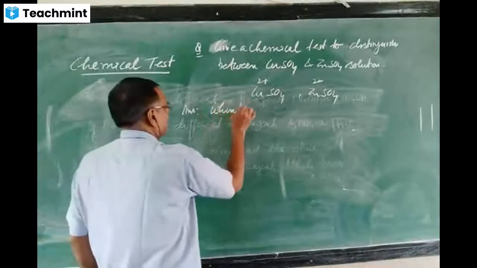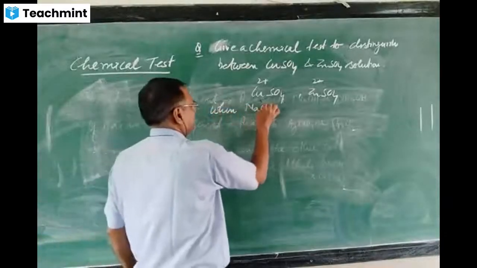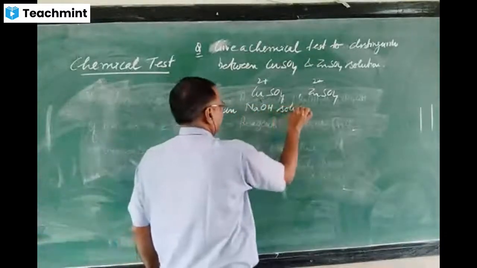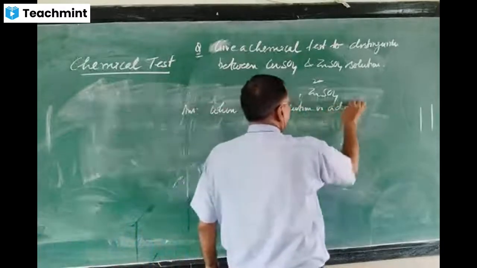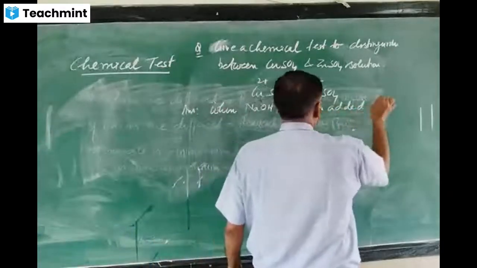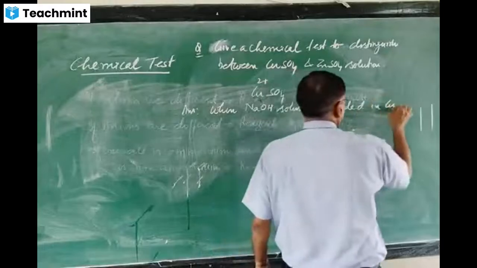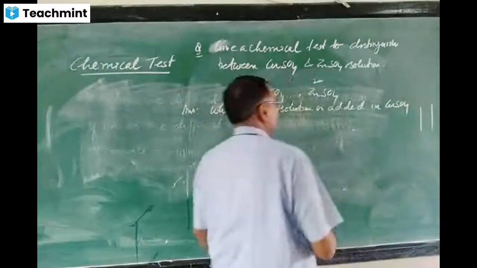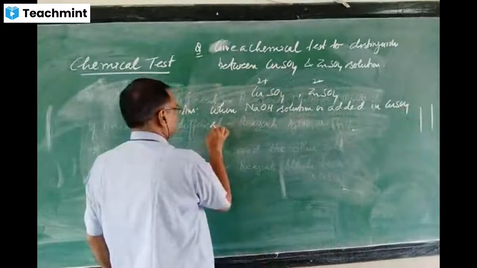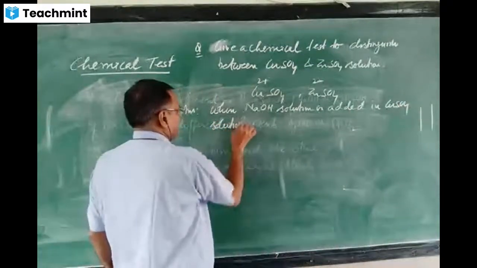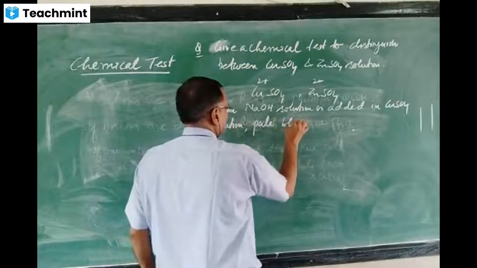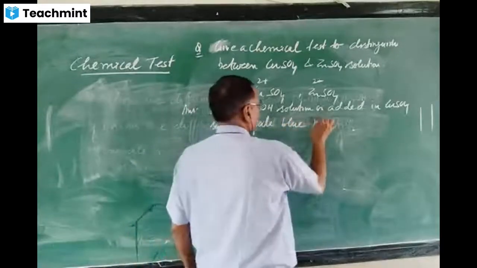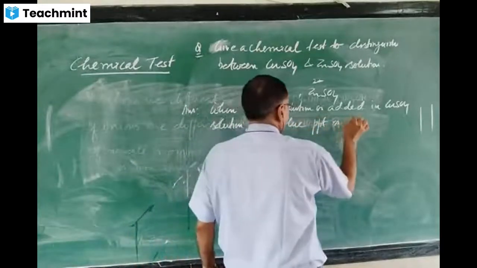When sodium hydroxide solution is added in copper sulfate solution, a pale blue precipitate is formed.